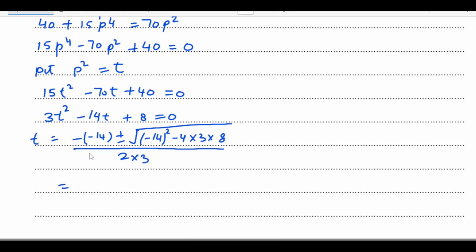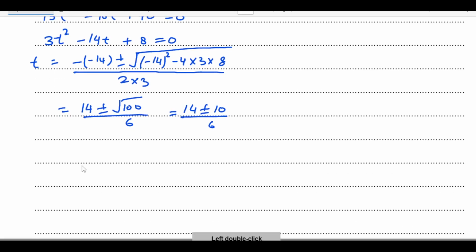So this is going to be 14 plus minus square root 100 over 6. So 14 plus minus 10 over 6, right?